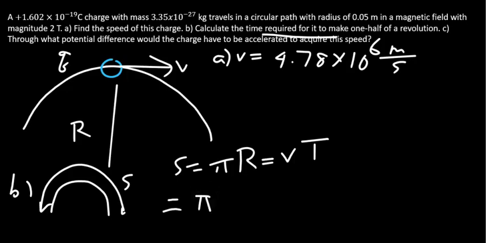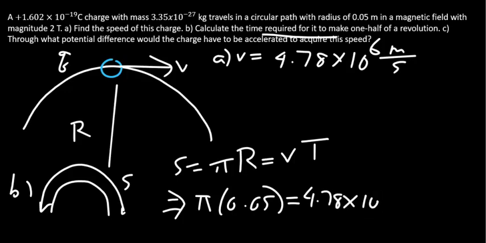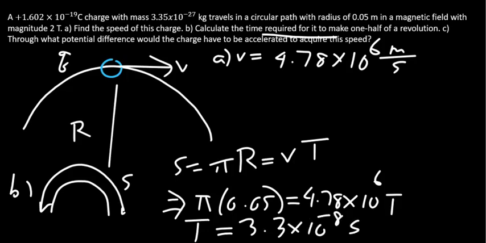So pi times the radius, which is 0.05, equals the speed, which we have already found, 4.78 times 10 to the power 6 meters per second, times the capital T, which is the time that we are looking for. Solving for it, we get T to be 3.3 times 10 to the power minus 8 seconds.